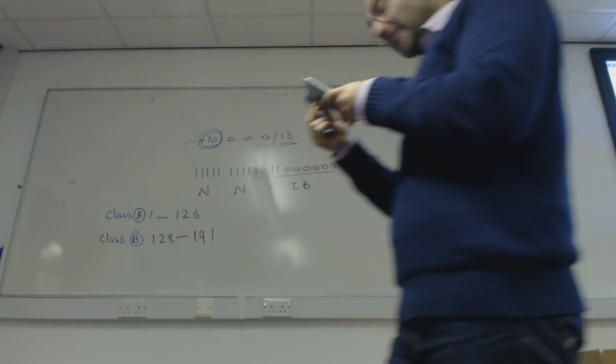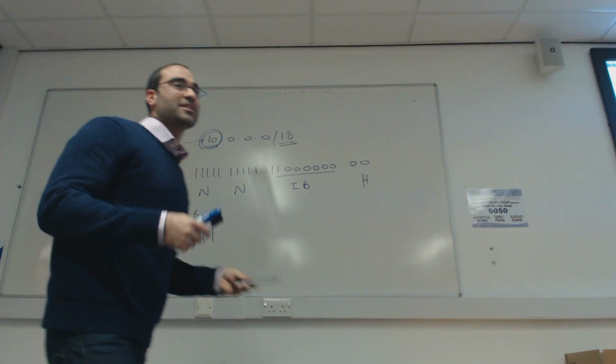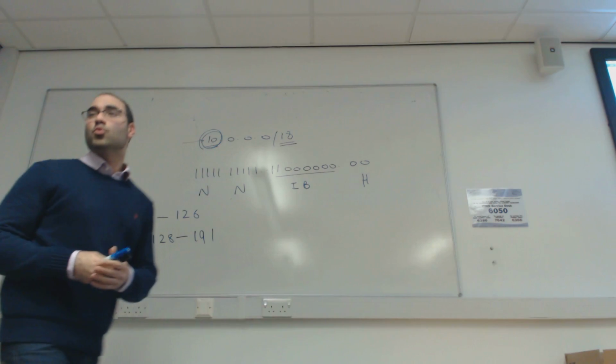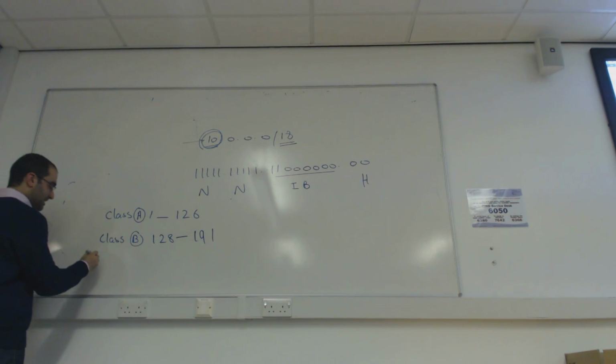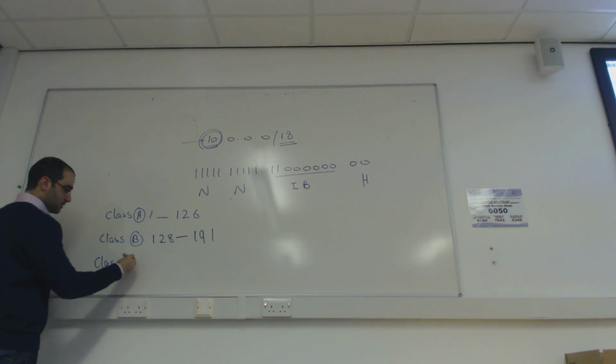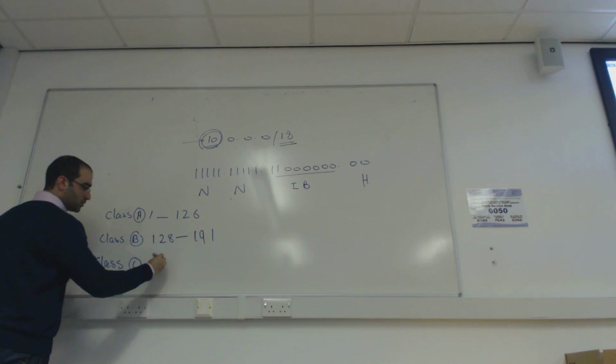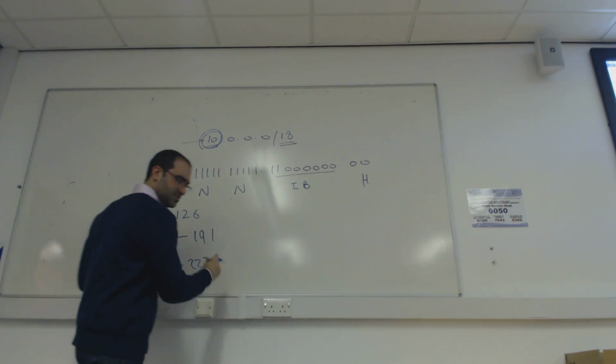Sorry, it's 191. Why did I skip 127? I'll tell you that. Final part, class C is 192 to 223.